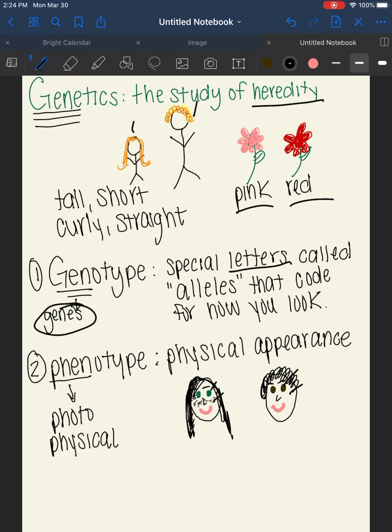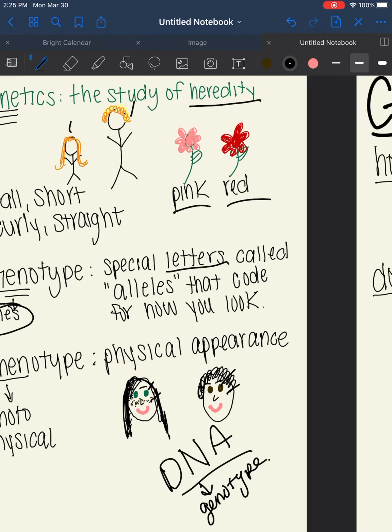All of that is your phenotype, but all of that has a special message in your DNA. In your DNA, that's where you find your genotype, the special code that tells you how you look. So that's the basics of genetics.